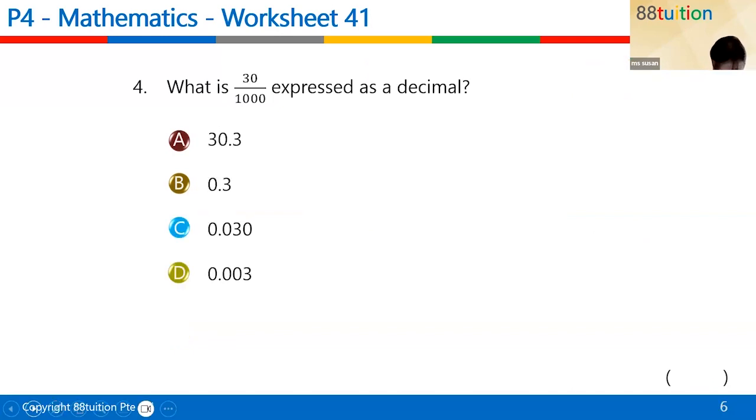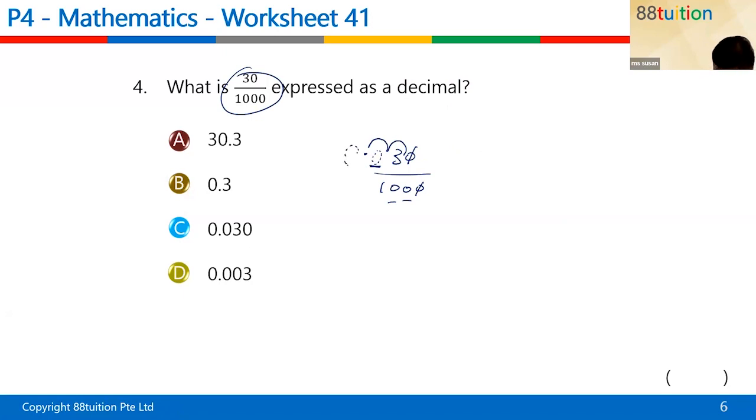Question number 3. How to express 30 over 1,000 as a decimal? So 30 over 1,000. With three decimal places, I have to move from here 1 and then put another 1 here. So this is called my placeholder, so I need to put in my 0 here.